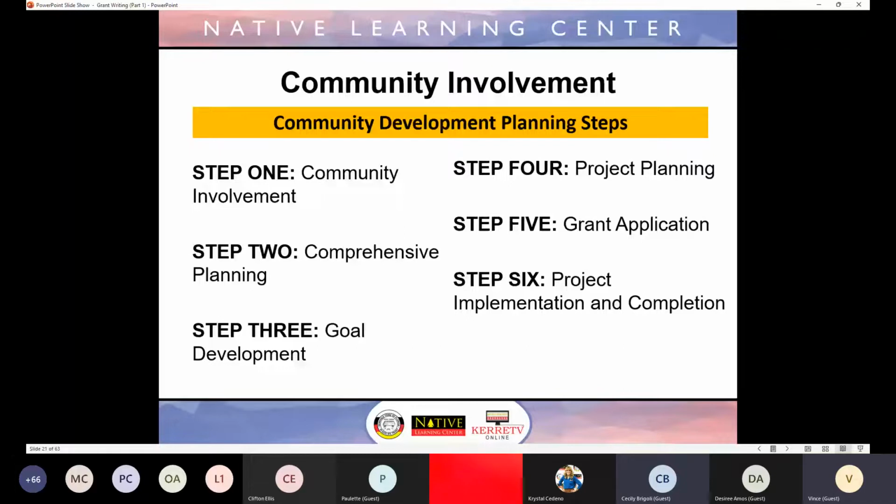Project planning is probably something the community is just not going to be involved in at that level of design. That's probably going to be left to a special team of maybe architects, engineers, and some other small group of leadership. The grant writing project team needs to be involved nonetheless.